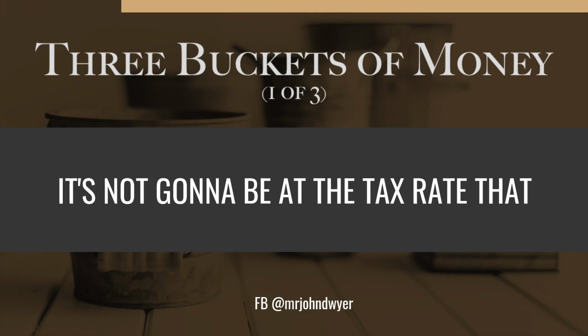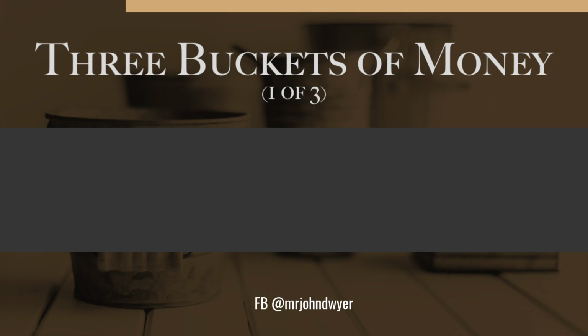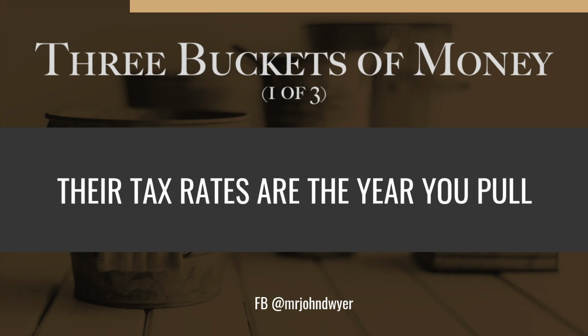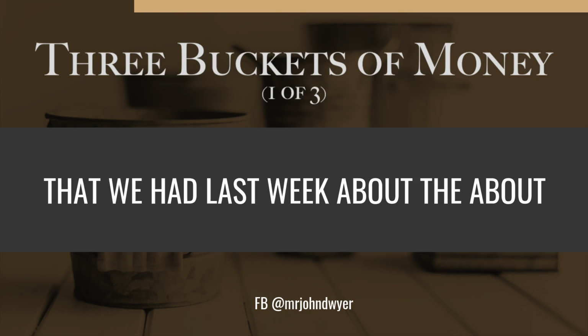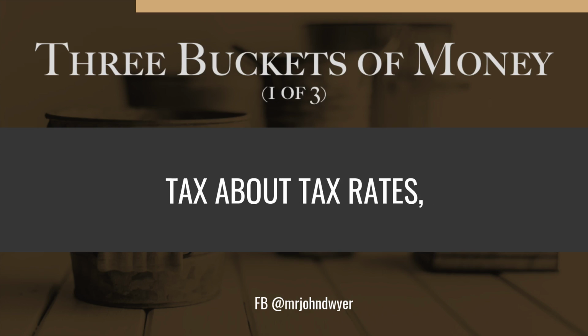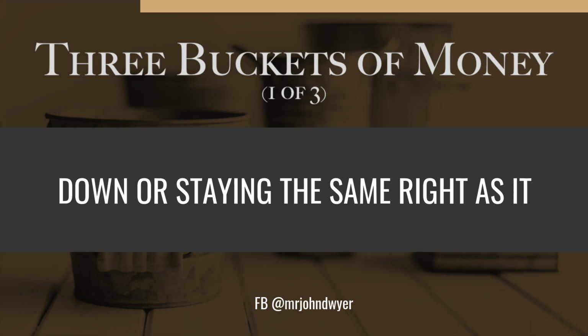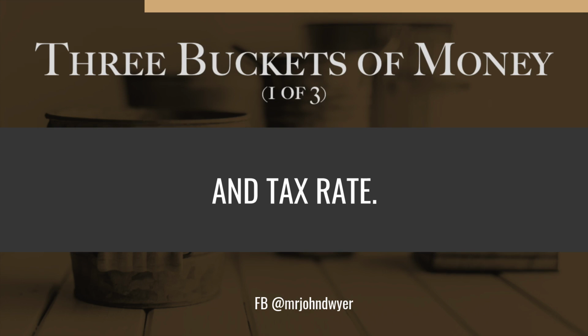It's not going to be at the tax rate that you deferred, or postponed. It's going to be taxed at whatever the government happens to set their tax rates are the year you pull it out. Go back to the conversation that we had last week about tax rates, and where we sit: are taxes going up, down, or staying the same, as it relates to your income, your threshold, and the tax rate.